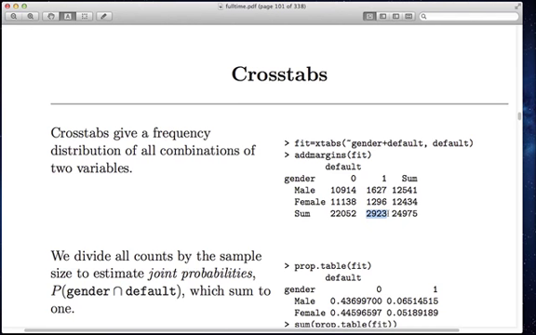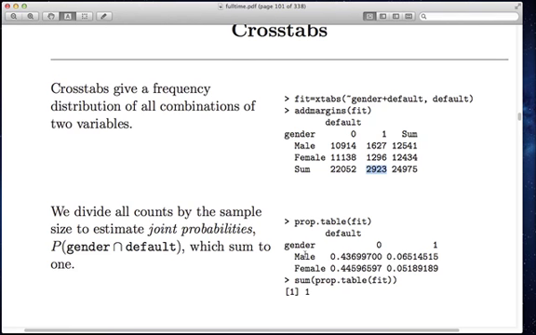Now, sometimes we want to estimate joint probabilities. What is a joint probability? We'll talk a lot about that when we get to Chapter 6. It's about if we pick someone at random from this population, what's the chance they're in each of these cells? If I divide these four numbers by the total, I'd get these joint probabilities, and that's exactly what I have down here. Let's interpret this number.